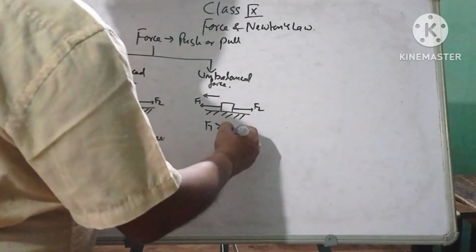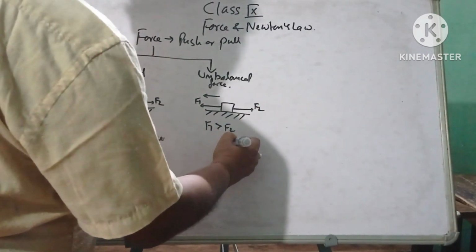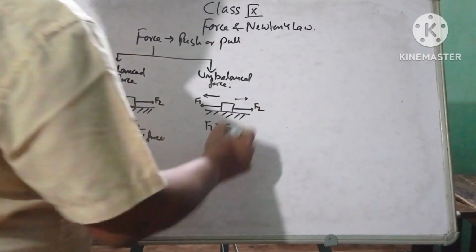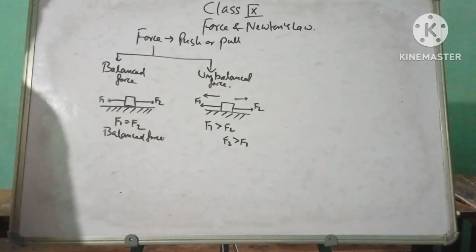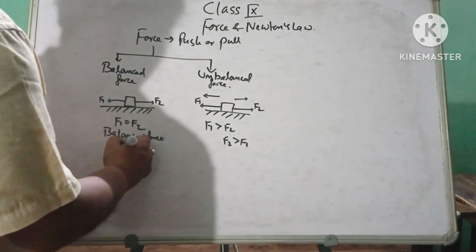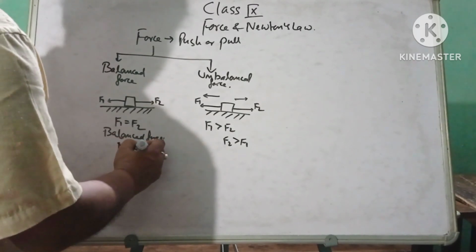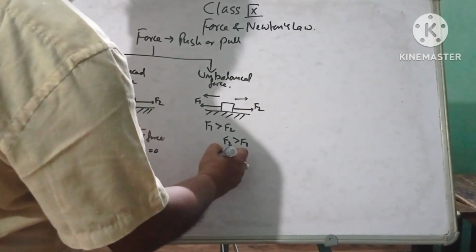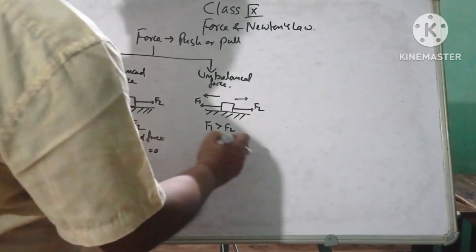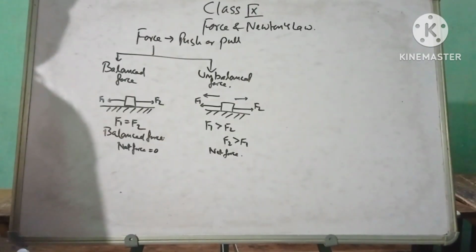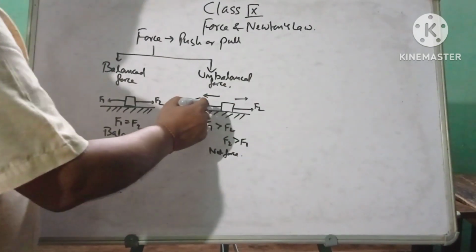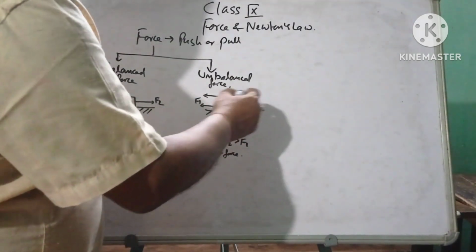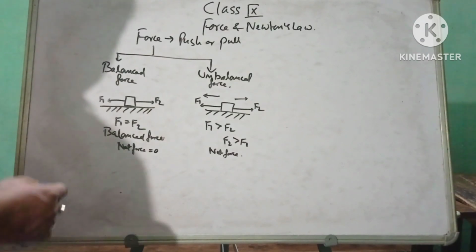And if F2 is greater than F1, then the block will move in the other direction. Here the net force is 0, but there a net force exists because F1 is greater than F2, so the body moves in that direction.